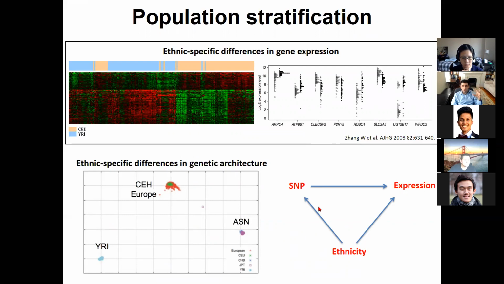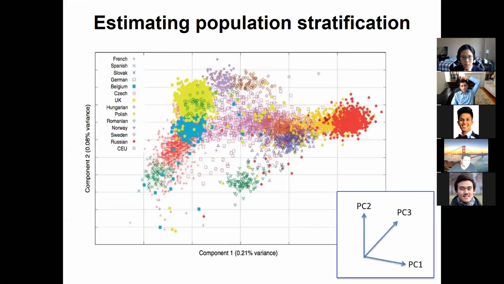So you don't really want to find tons of SNPs where you can simply say, well, every person of Asian background has higher expression, and therefore every single SNP in the genome that is associated with an Asian ancestry is in fact associated with that QTL. I mean, that will be a lot of false positives because they're not acting at the cis level. They're not really controlling things genetically. So that's the challenge in controlling for these ethnic specific differences.